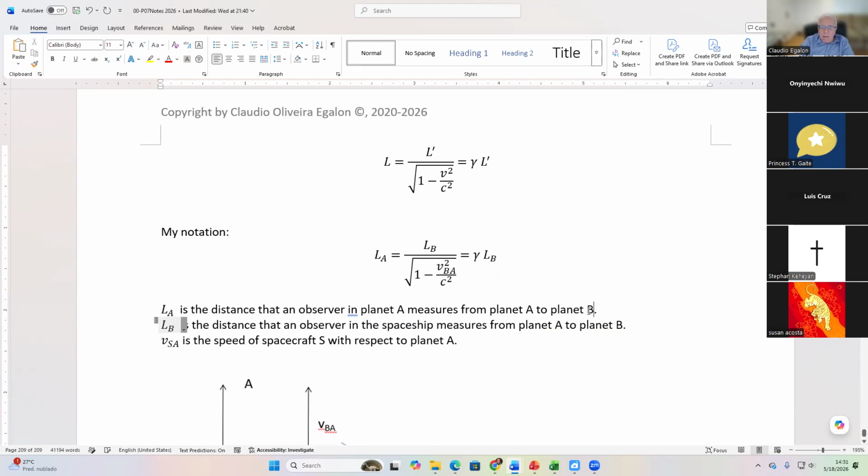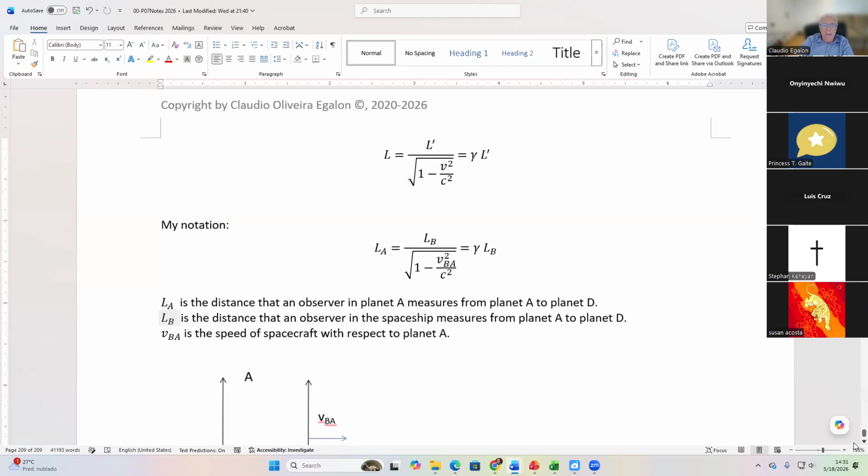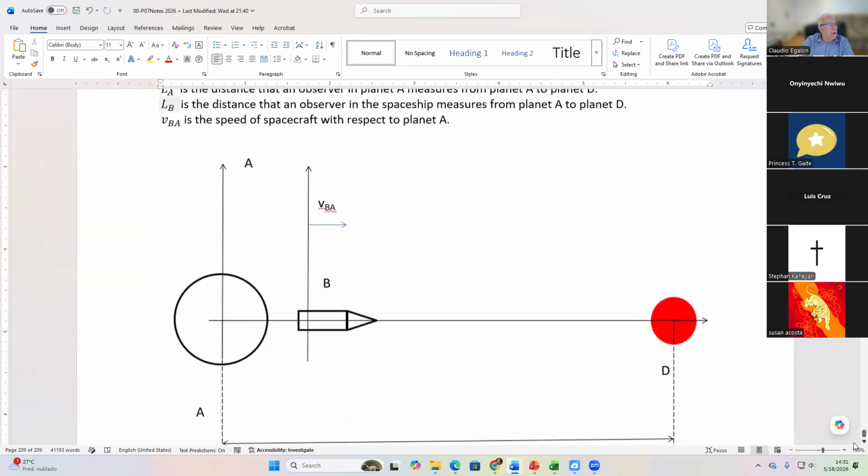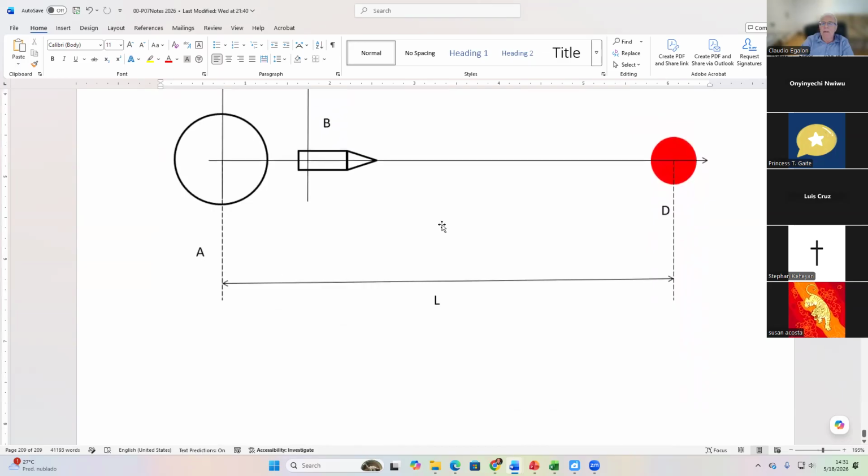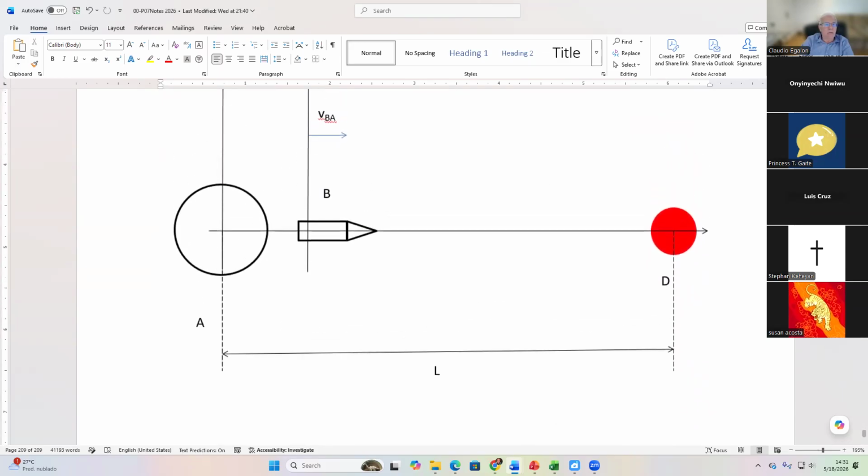V sub B with respect to A is the speed of the spacecraft with respect to planet A. And now we have the actual drawing.